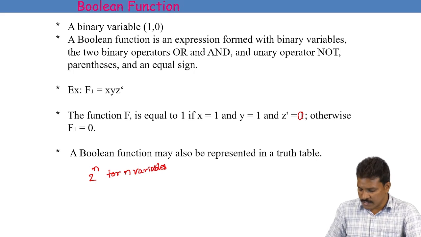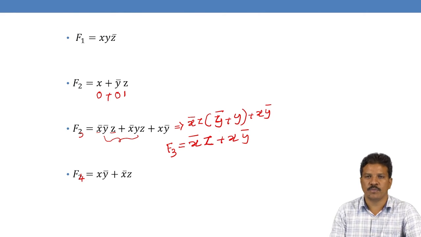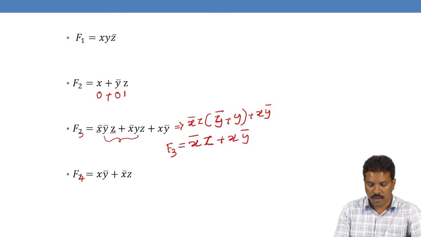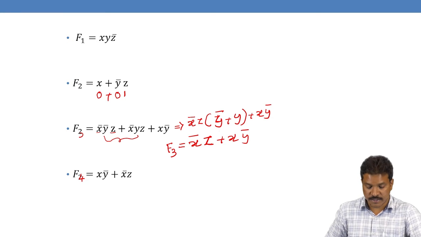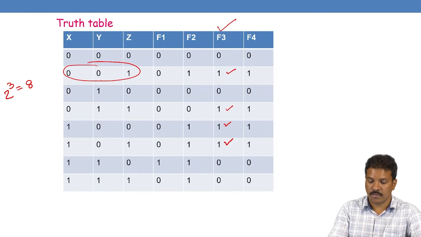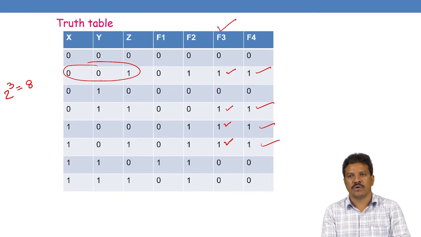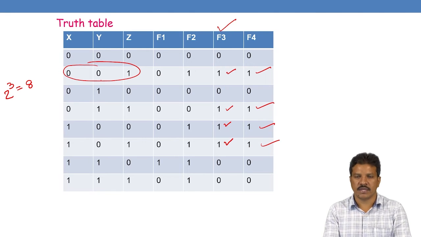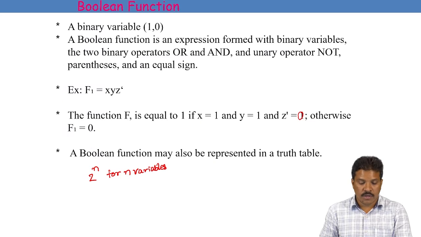So in some cases it is possible to get the same output column in the truth table with two different kinds of Boolean functions. For x y bar and x bar z, we can get four different combinations of input with logic 1 and the remaining values logic 0. So that is how a Boolean function can be represented.